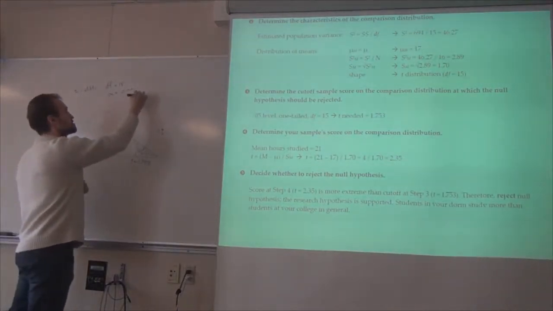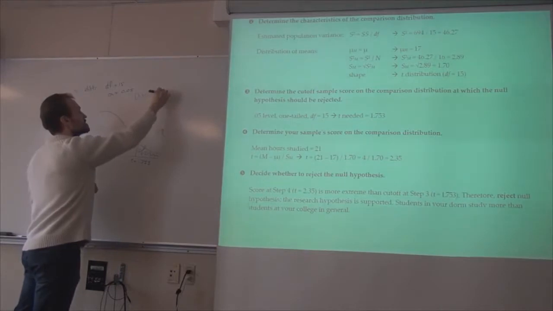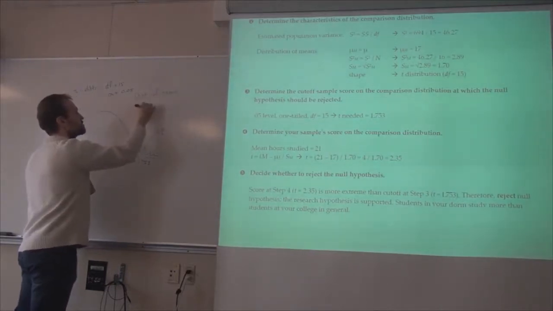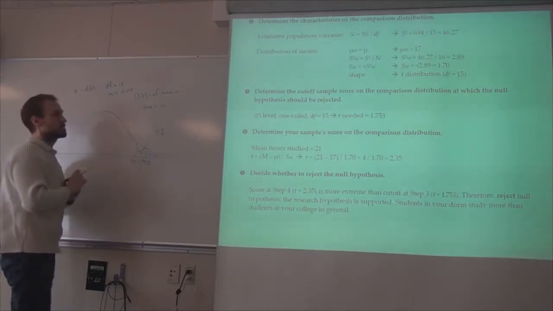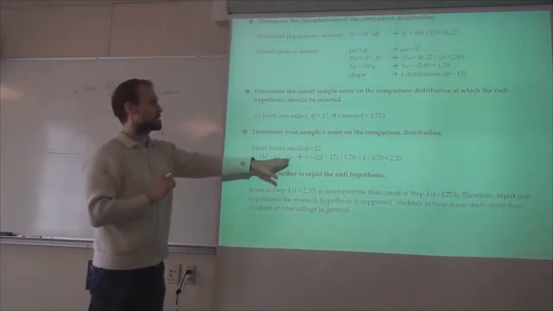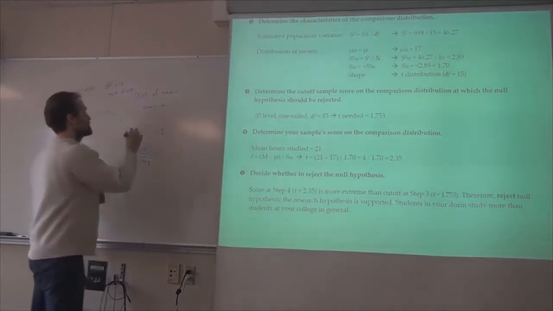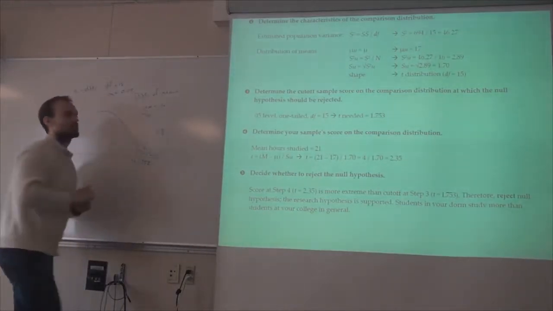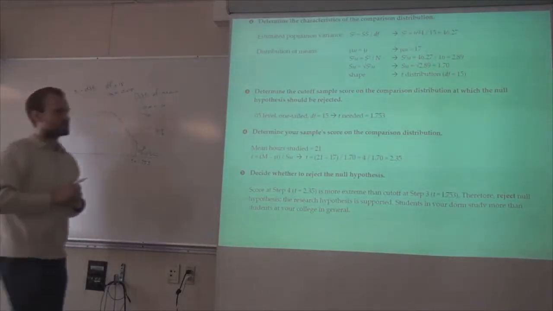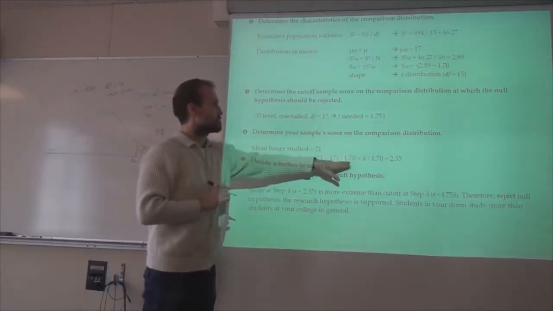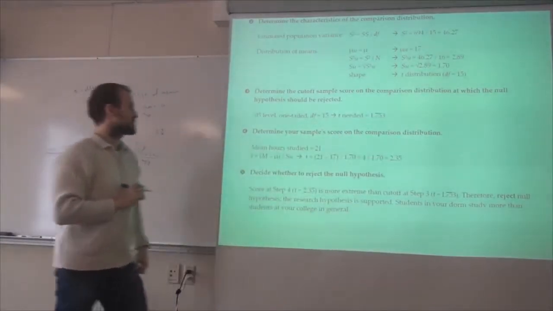This is still a distribution of means. So mu m is just the same as the population mean. And my standard error of the mean is now approximated from my sample. So I take the difference, divide by 1.7, and I get a 2.35.